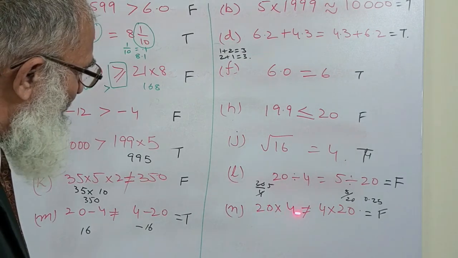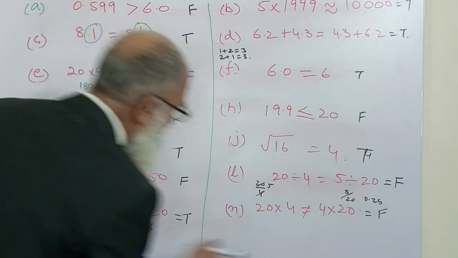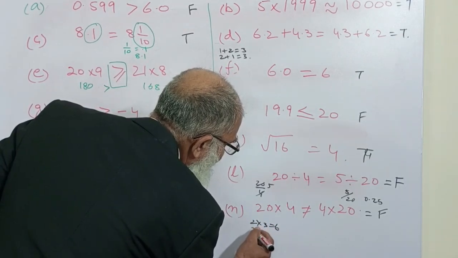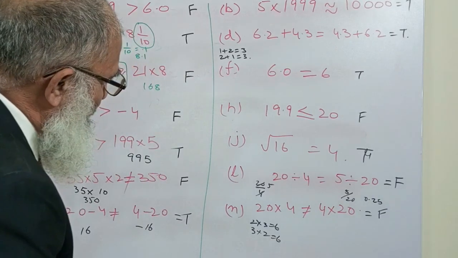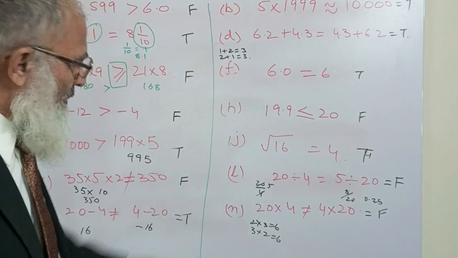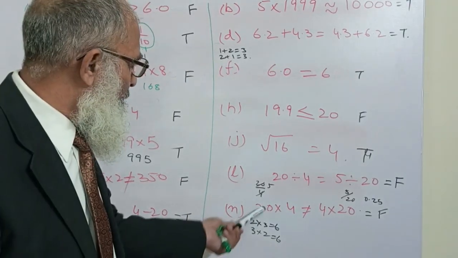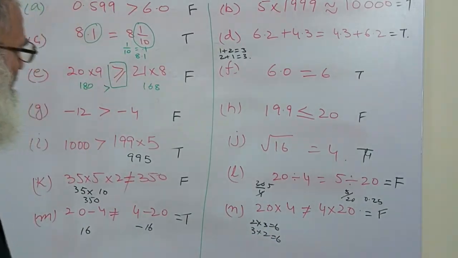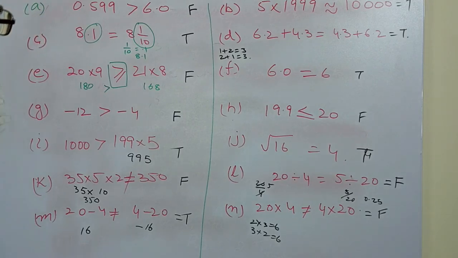Now these are the multiplicative inverse of each other. If I write 2 multiplied by 3 is equal to 6 and 3 multiplied by 2 is equal to again 6. So this is not true because these are equal. You can write one number before the other number or other number before the first number. So this concludes our exercise 1.2.